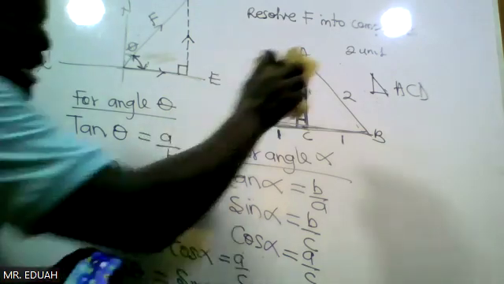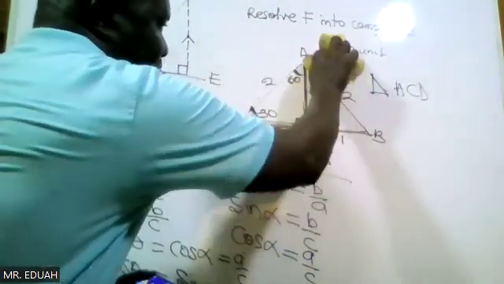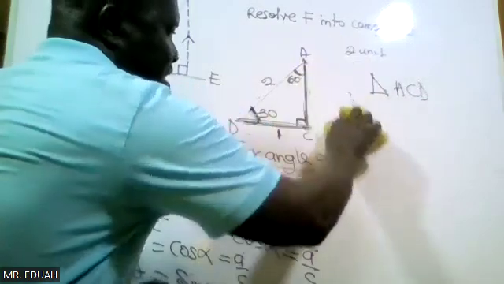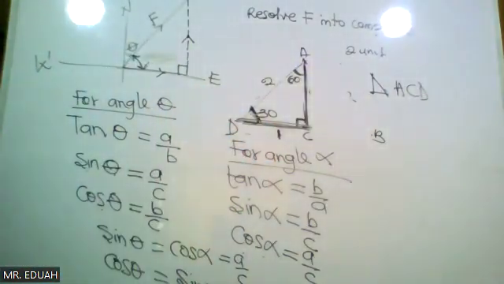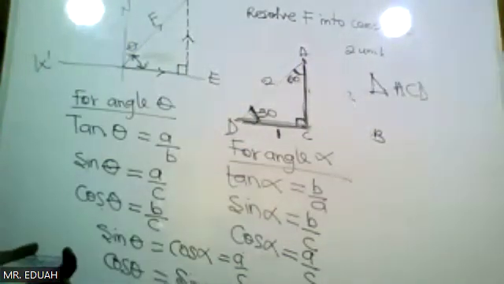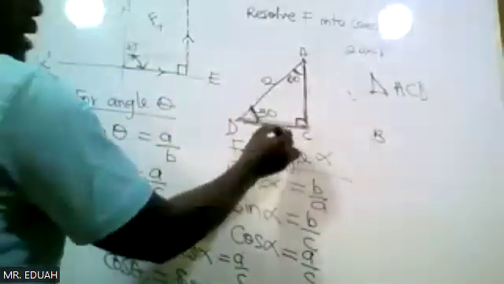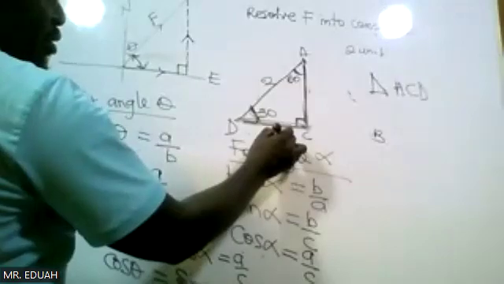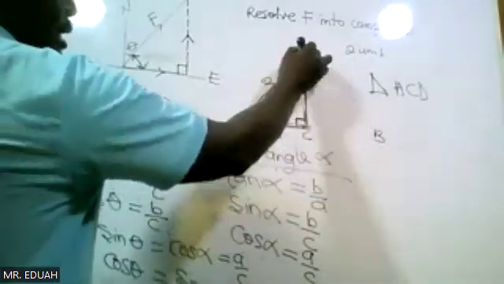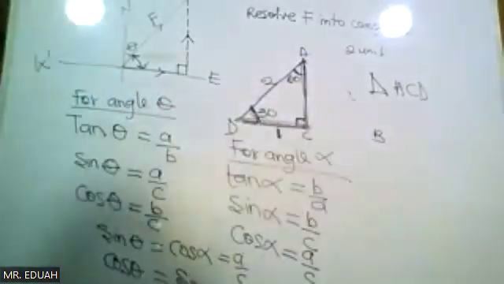It's like we are cutting out this. So we have a certain right angle triangle. The hypotenuse is 2, this side is 1. What will be the side opposite to the angle 30?